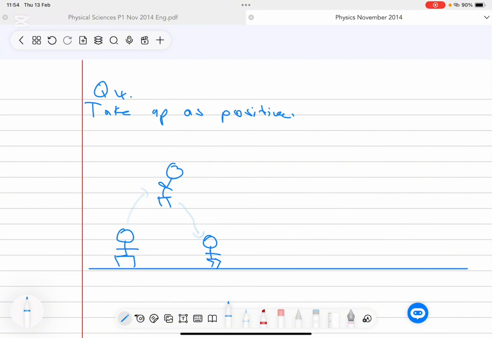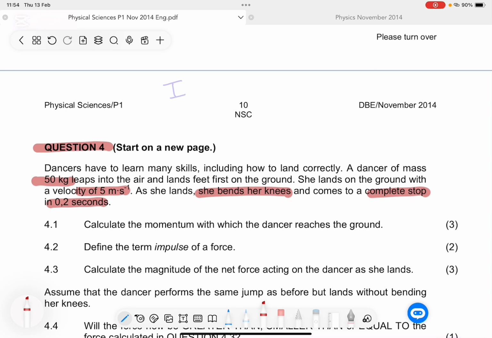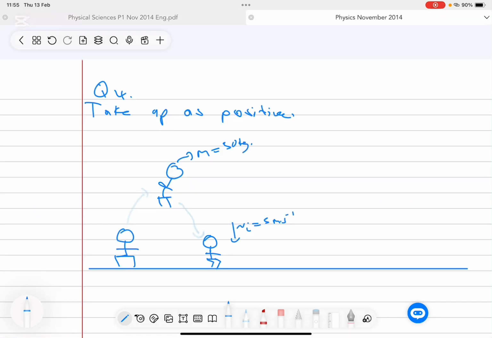This dancer, we're saying here that she has a mass of 50 kg, and when she lands here, she will land with an initial velocity of 5 meters per second. Now I'm calling this an initial velocity because eventually she actually comes to a stop. That means she will have a final velocity.